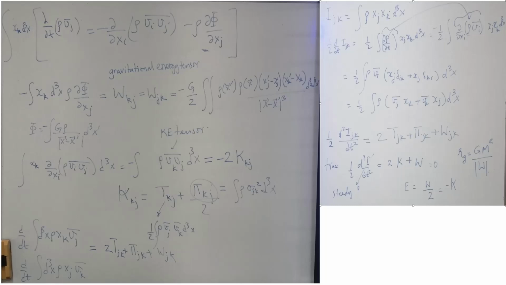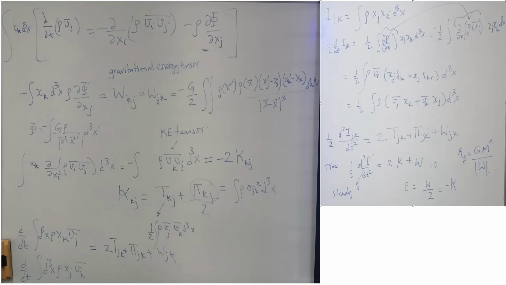If you plug that in there, you will have a double integral over d3x and d3x prime, and x and x prime are dummy variables. If you switch them, you should get the same expression. This is the step to get to what I'm writing there. I encourage you to do it. It's just a little manipulation of these double integrals. So this is equal to minus G by 2 times the double integral of rho x prime rho x times xj prime minus xj times xk prime minus xk, by the modulus of x minus x prime cubed, d3x d3x prime.